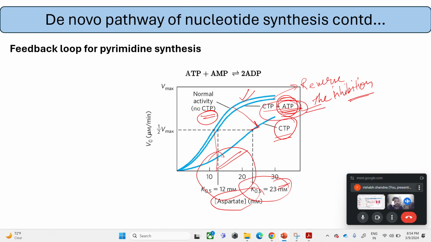This is a phenomenon that has been discovered till now. When ATP is there, this leads to the reversal of the inhibition. So this is basically the feedback mechanism of pyrimidine synthesis inside the body.